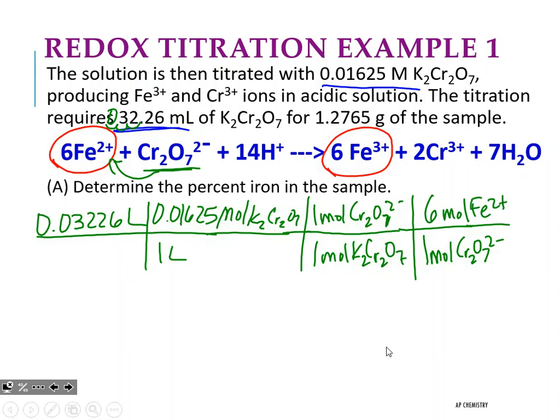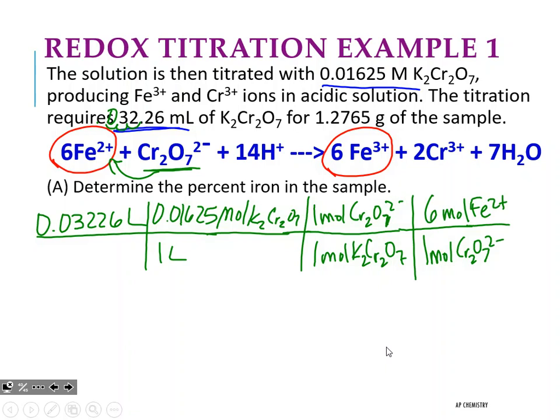Okay? So this is going to tell us how many moles of iron it reacted with, because this is how much it needed to be added till the color changed. The endpoint showed you when to stop, just like if it was an acid-base titration. There would be a color change, and you would know to stop. So what do we get for our moles here?